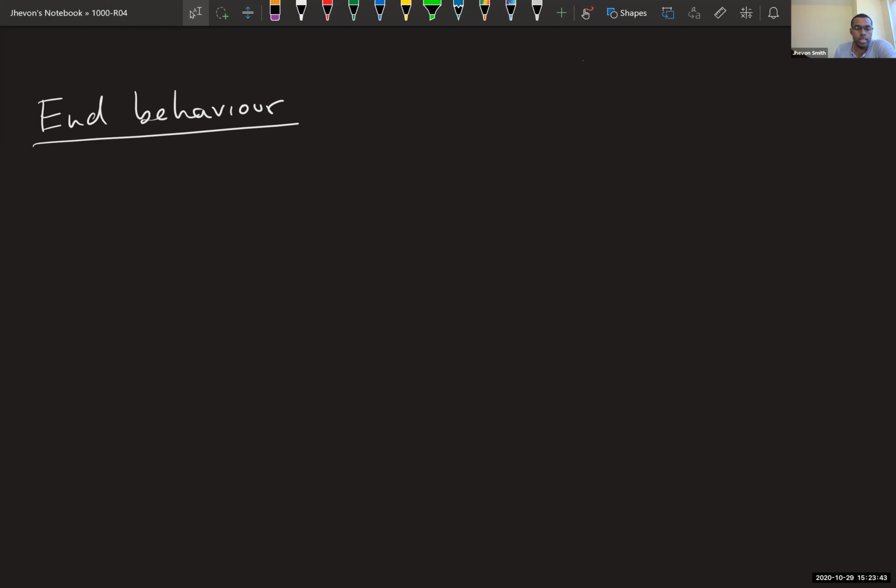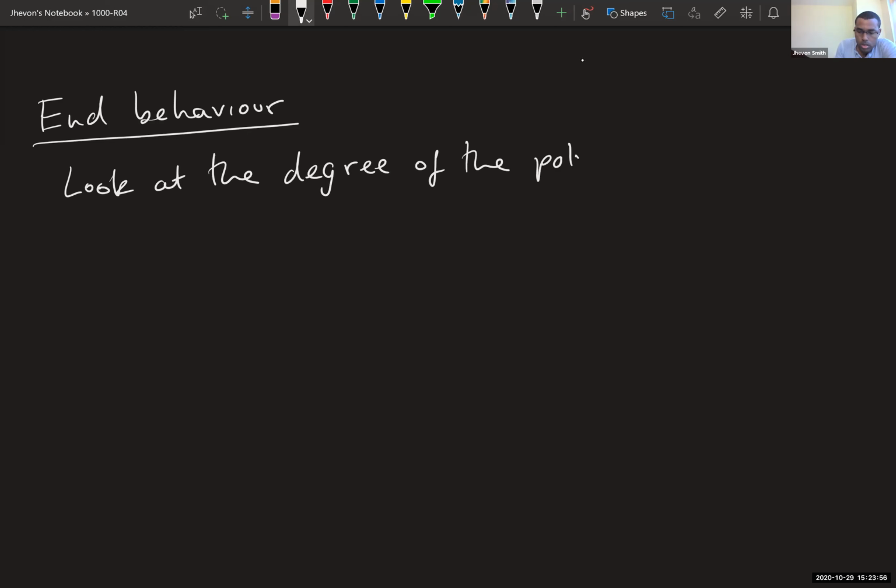What you look at is the degree. So for end behavior, you look at the degree of the polynomial. This is just a fancy way of saying the highest power. And the leading coefficient.